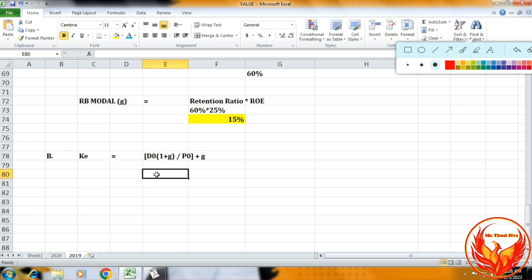Otherwise, we can calculate through this equation: D1 divided by P0, plus growth rate. Here D1, the given dividend for the ordinary share, is 4 rupees.